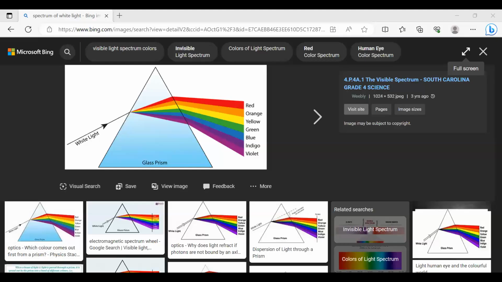So a bit about spectrum, I will be showing you some slides on that. Can you all see this?